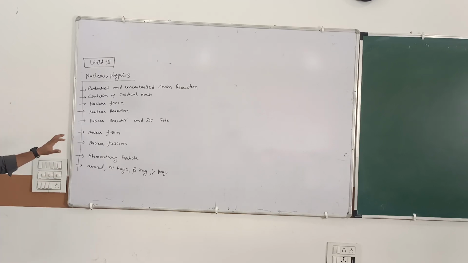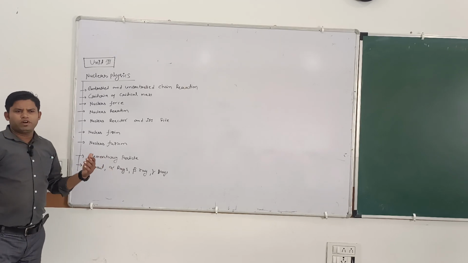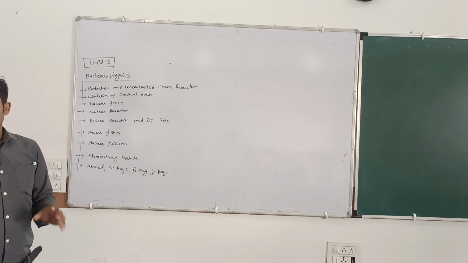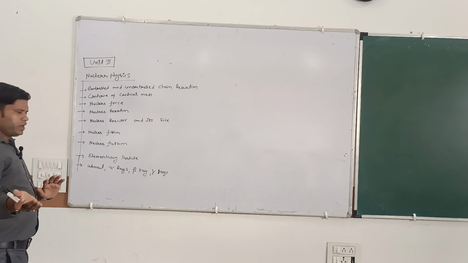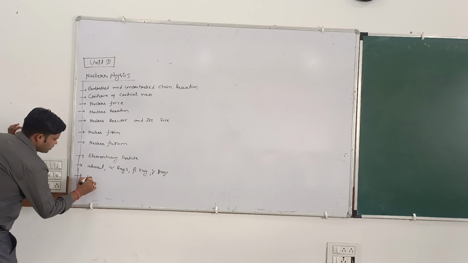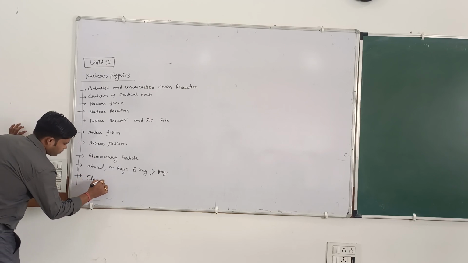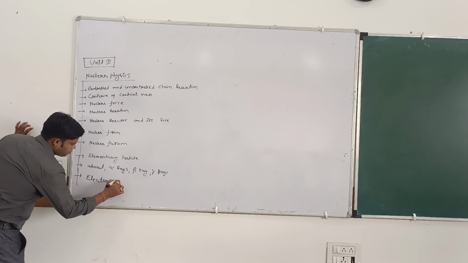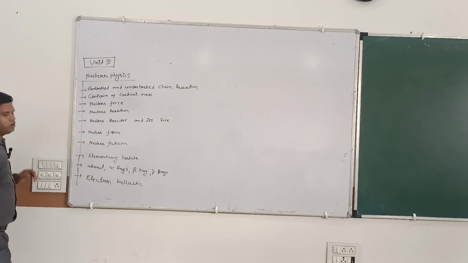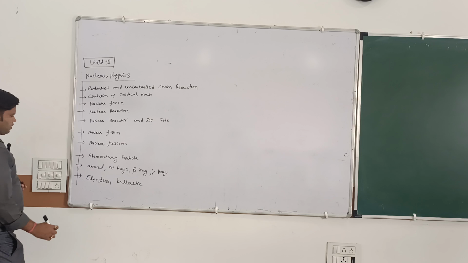We know in this unit about what is alpha particle, beta particle, gamma particle. I am explaining one by one. Next point is electron ballistics.